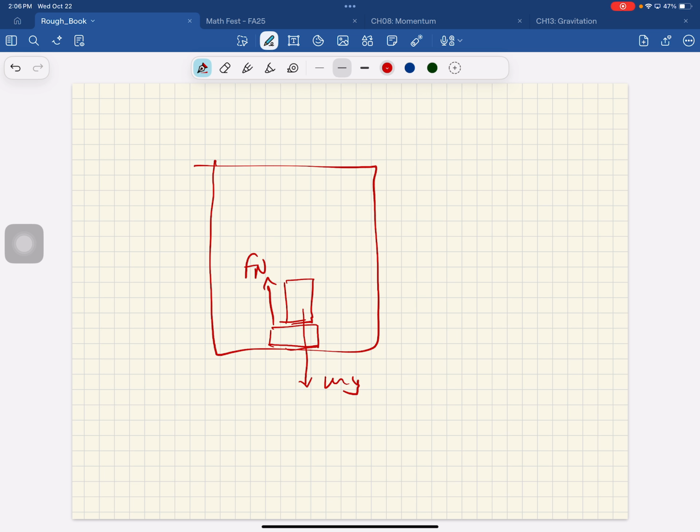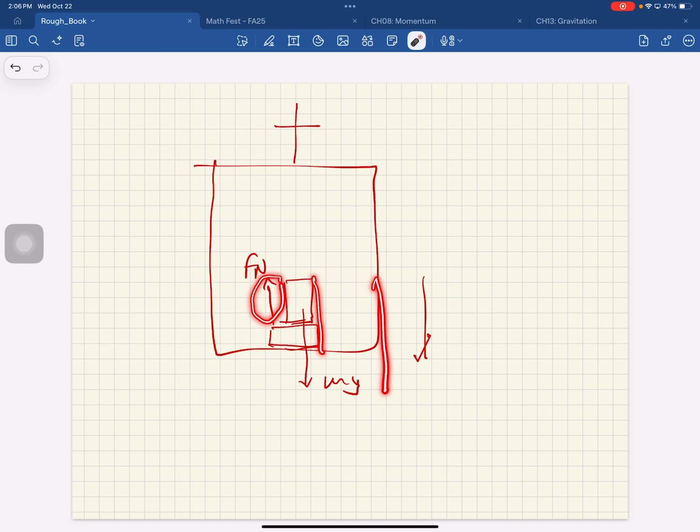If the elevator is not moving, this will equal mg. Now let's do the following. Let's cut the cable. When it's in free fall, the elevator is accelerating at g. You are also accelerating at g. This goes to 0. Your apparent weight goes to 0. So you're weightless.